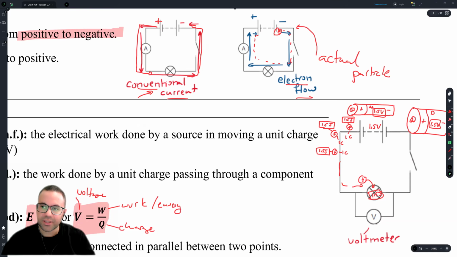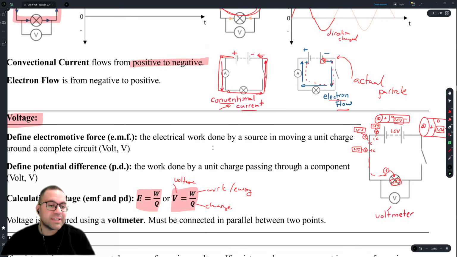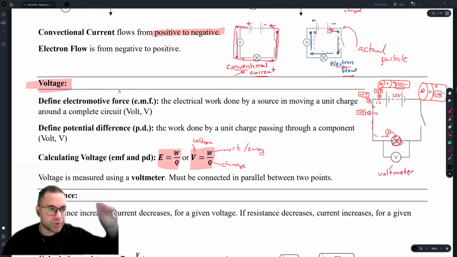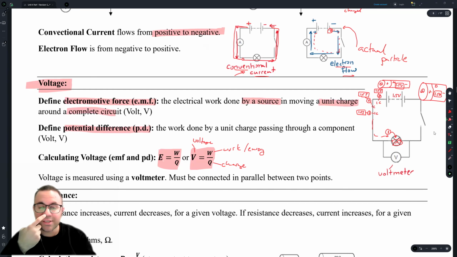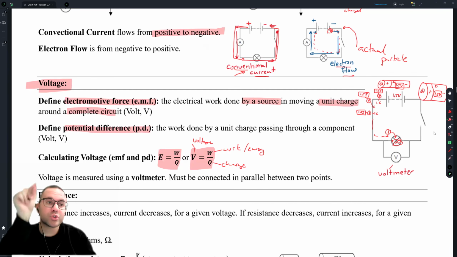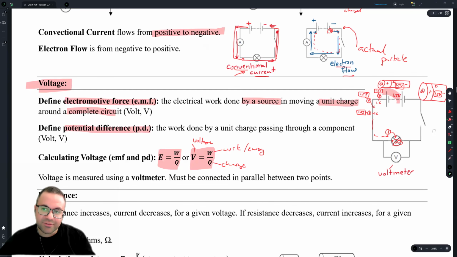Okay? Now, there are actually two different terms that we use for voltage. We have EMF, which is short for electromotive force, and PD, which is short for potential difference. They both mean energy per charge, but the difference is EMF is the work done or the energy transferred by a source in moving a unit charge around the whole circuit. It's the energy per charge of a source, because batteries give the charge energy.